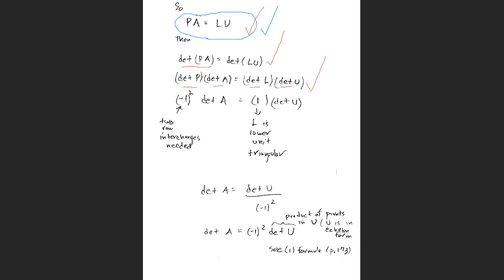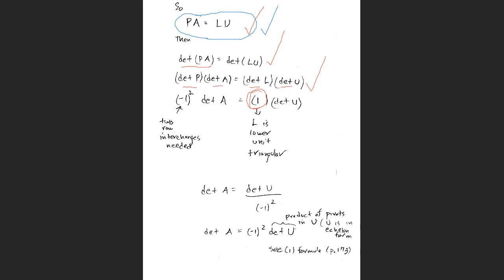Because L is what kind of matrix? What form is matrix L in? Why is the determinant of L just equal to 1? All right, Hung, you're right.